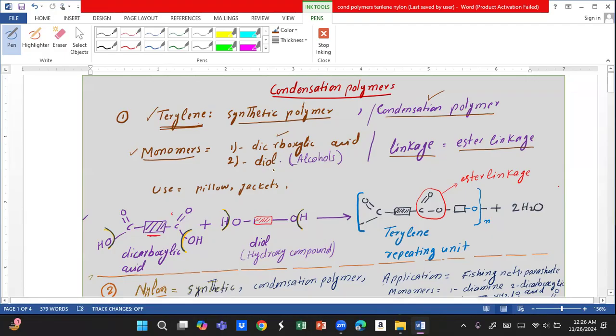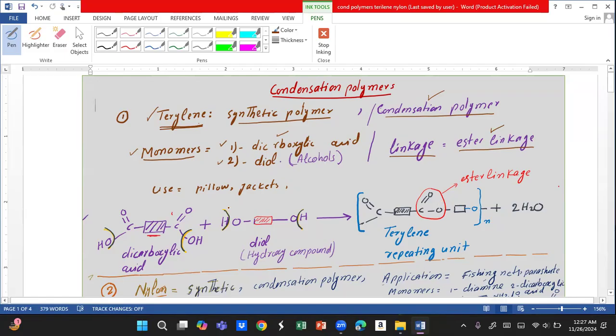Diol is basically for hydroxy compounds, also known as alcohols. Whenever these monomers combine with each other, the linkage formed between these two monomers will be known as ester linkage. I will show you the ester linkage when we are going to make the polymer.